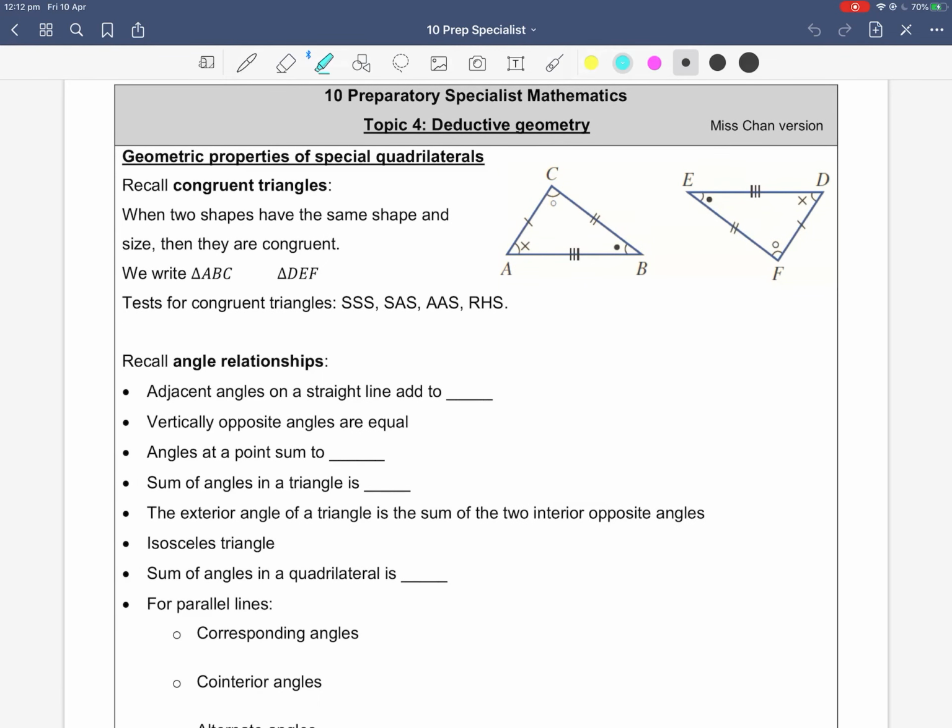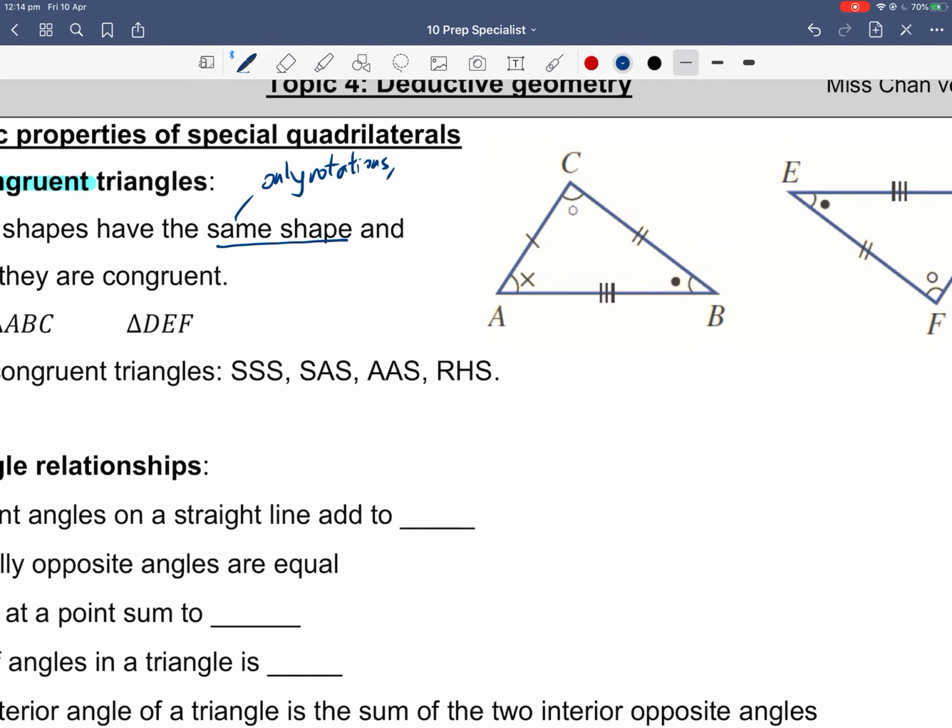congruent triangles, or the word congruent shapes. It means when two shapes have the same shape and the same size. So you only have rotations, translations, so that's moving up, down, left, right, and you also have reflections.